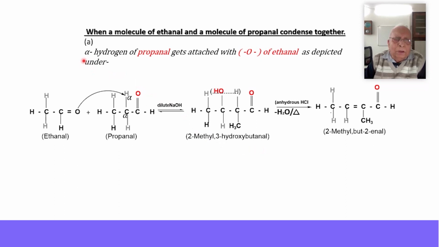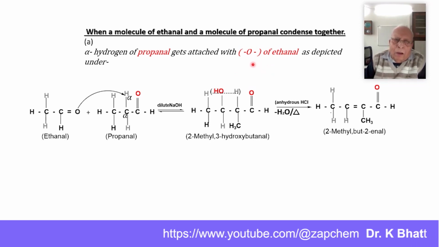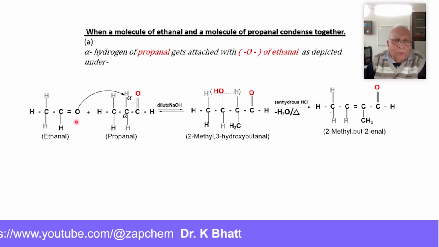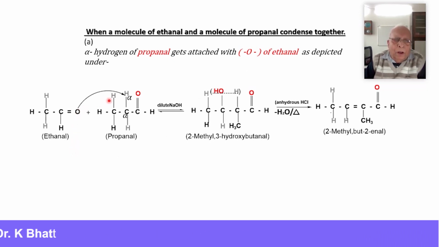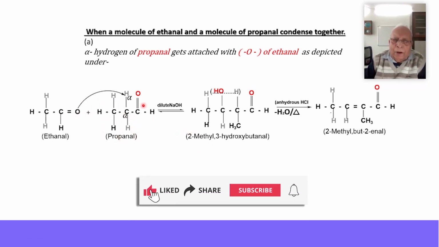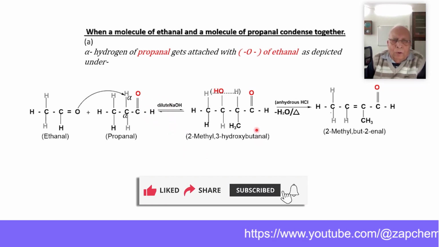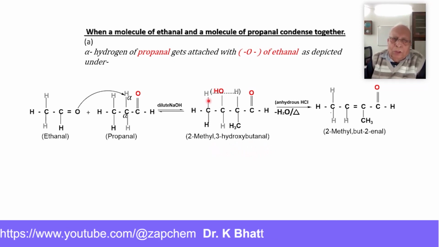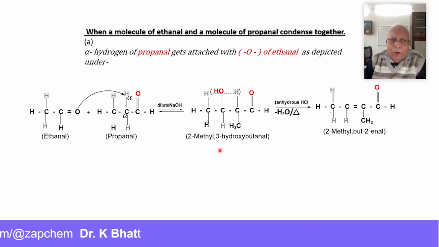Now here is case 1: alpha hydrogen of propanol gets attached with oxygen of ethanol as shown here. That means oxygen here acts as a nucleophile for alpha hydrogen of the propanol. And of course, the condition is the same, that is in presence of dilute NaOH, you get 2-methyl-3-hydroxybutanol. Now, this product is not very stable.